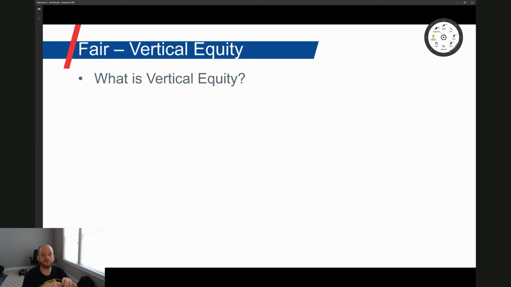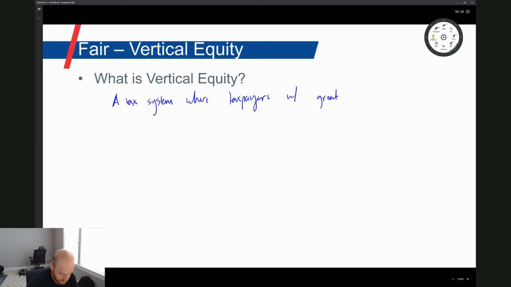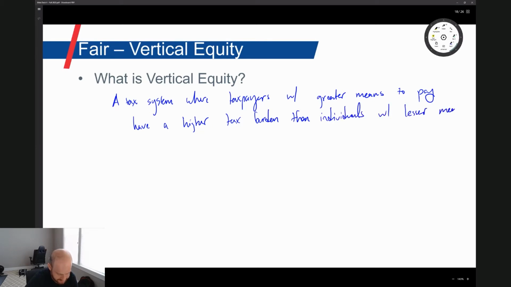Now, what is vertical equity? Well, vertical equity leads to a tax system where taxpayers with greater means to pay have a higher tax burden than individuals with lesser means.